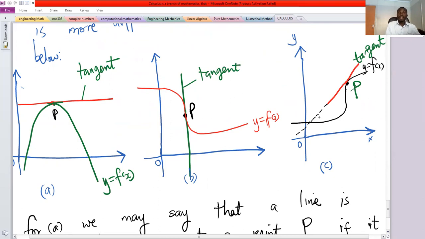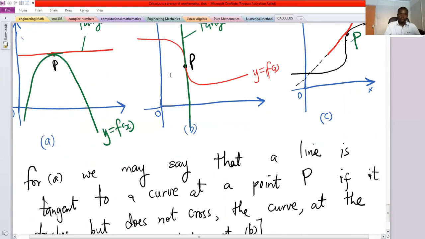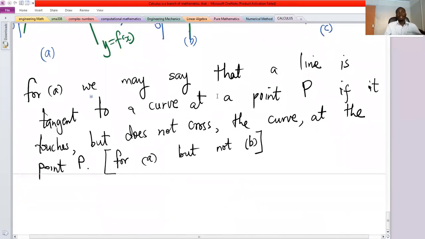So that definition doesn't hold for B and C. So this is for A, but not B. That definition can suit the curve in A, but not the curve in B, or even C.